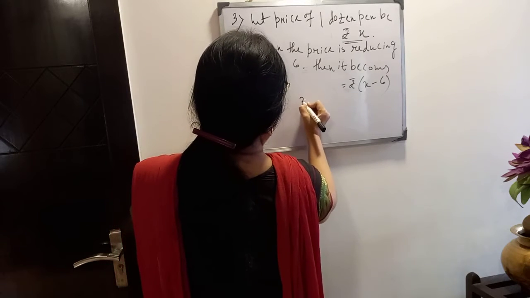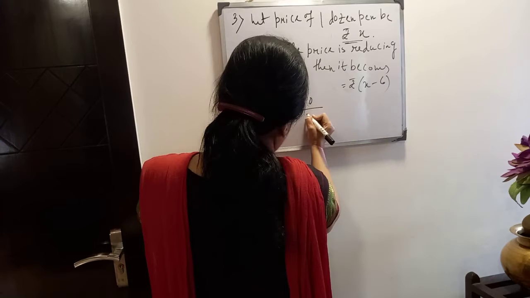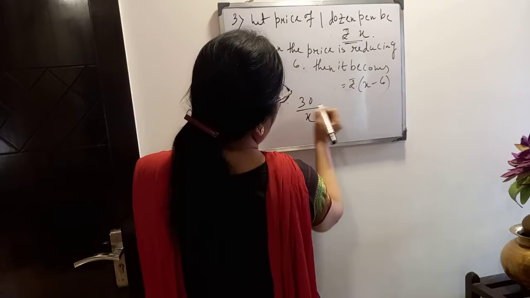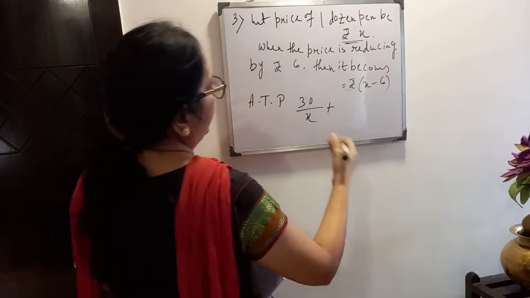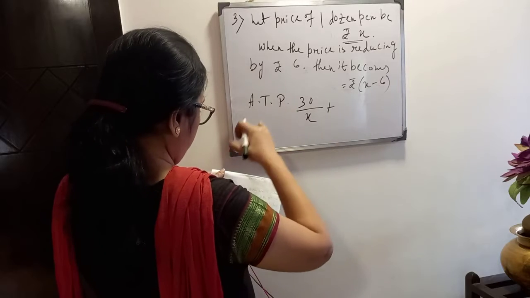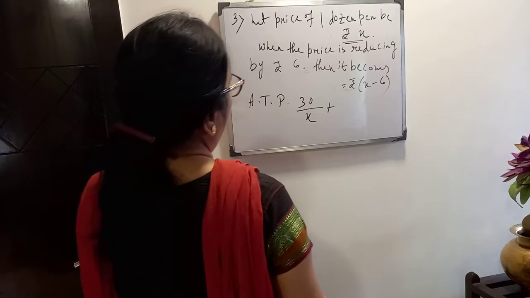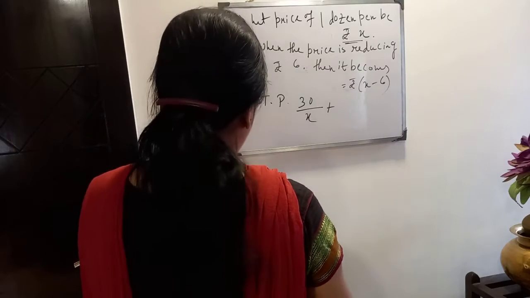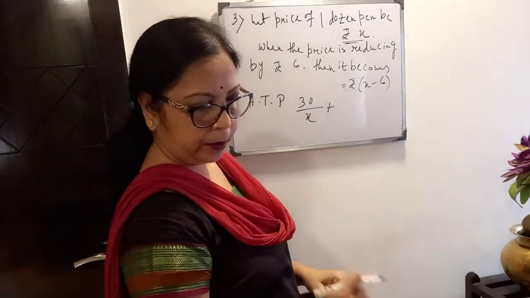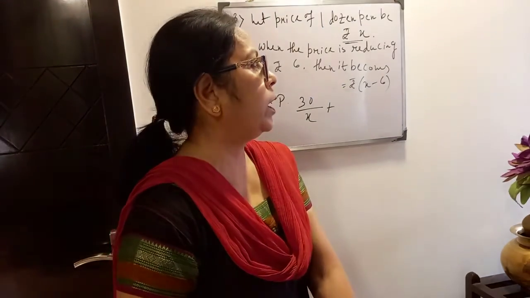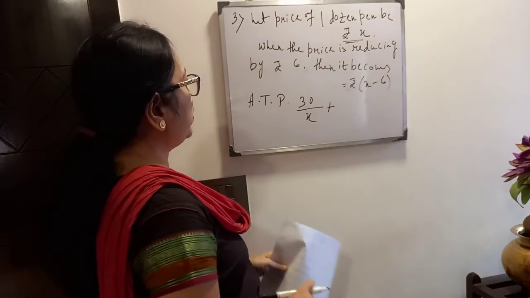You will get 30 by x dozen. Clear? Plus when the price is becoming x minus 6, then you are getting 3 more pens.